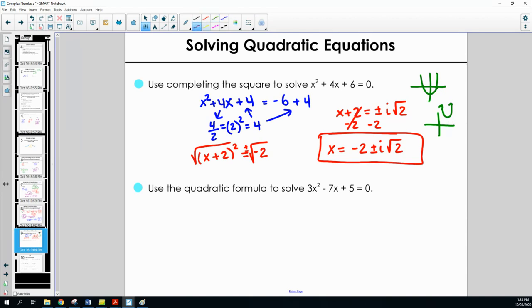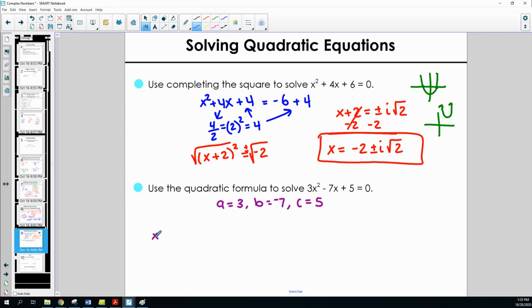Okay, and in example number 2, we're using the quadratic formula. So remember our quadratic formula, we can identify our a, b, and c. a is 3, b is going to be -7, and c is going to be 5.